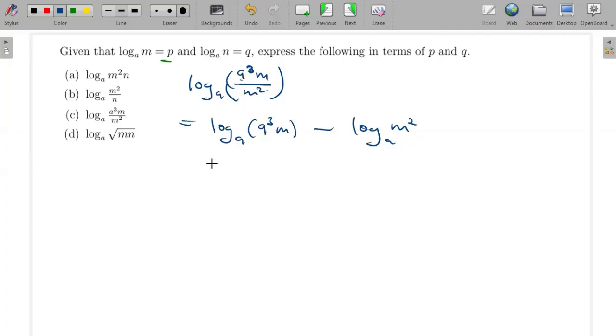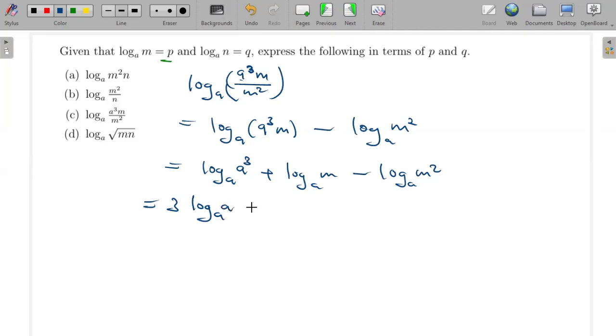Okay, so now here you see you have a to the power 3 and m. So you can separate this since they are multiplying. So you can write this as log a of a to the power 3, and then plus log a of m, like that. Then you have minus there log a of m squared. Now I can drop this power there to be 3, and then you have log a of a, and then plus log a of m, and then you have log, so the 2 there drops, so you have 2 there, and then log a of m.